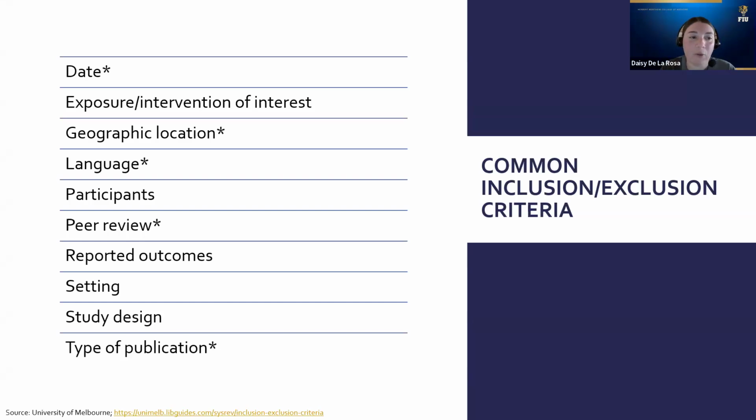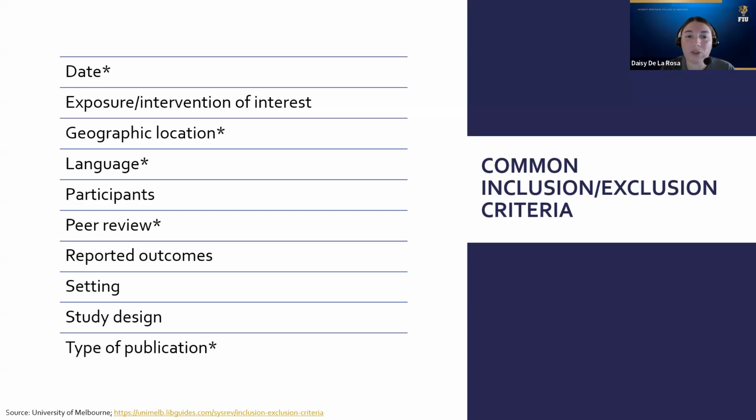Some things you want to be careful with as far as publication date: if you're going to limit by that when you're doing your searches, it has to be justified. Maybe a new treatment was approved by the FDA in 2005, so it's worth cutting the search maybe between 2000 to present. It has to have some reason and not just be an arbitrary decision to limit to the last 10 years, for example.